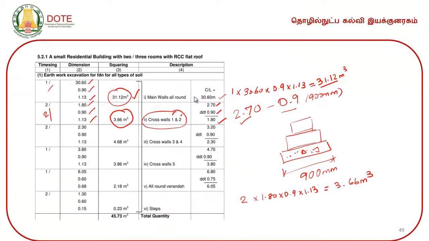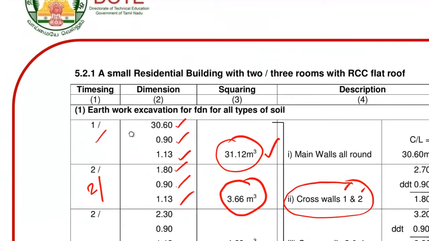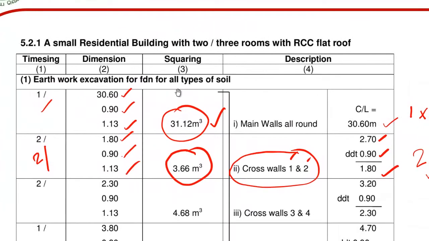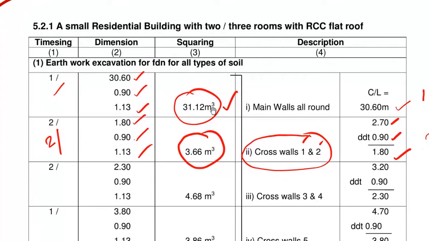In the last class we discussed earthwork excavation for foundation for all types of soil, up to the main wall all around, and cross wall 1 and 2.